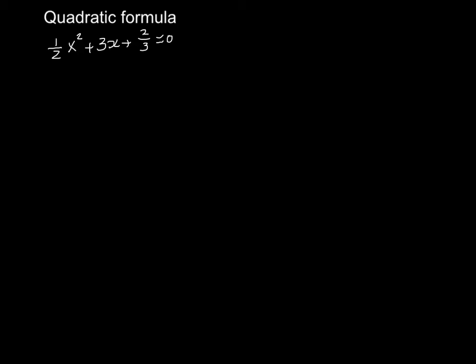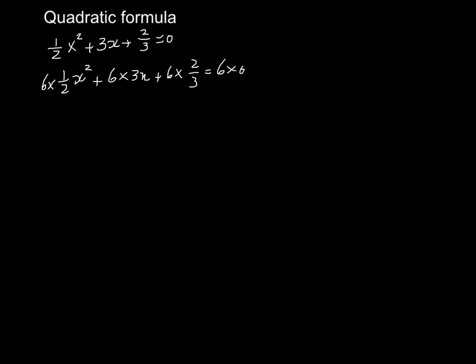So if I multiply every term by 6, I get 6 times 1/2 x squared plus 6 times 3x plus 6 times 2/3 is equal to 6 times 0.